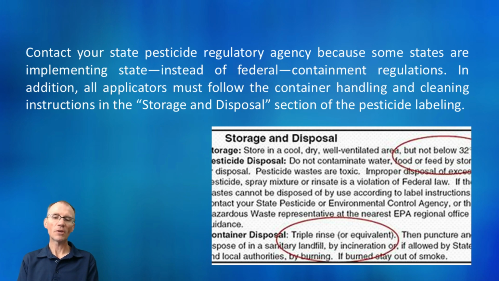Now you may see different things about storing in dry areas or storing above a certain temperature or below a certain temperature. That's important. Those of you that have products in the back of your trucks when it's 115 degrees in Phoenix, Arizona, how well do you think that product's going to perform when you put it in a sprayer? Probably not very well, right? So we really need to think about what these storage and disposal labels say, and we need to figure out how to store the products correctly, as well as disposal.